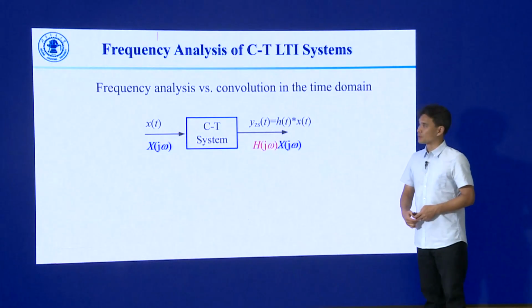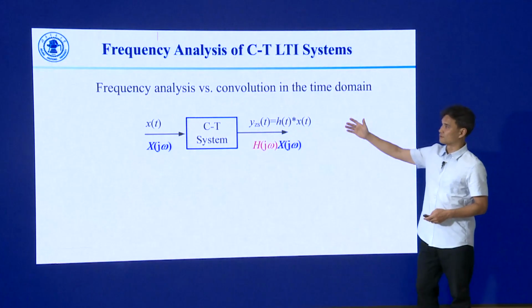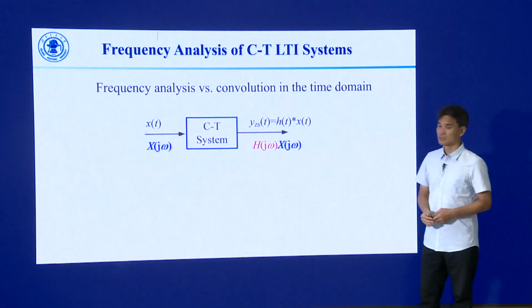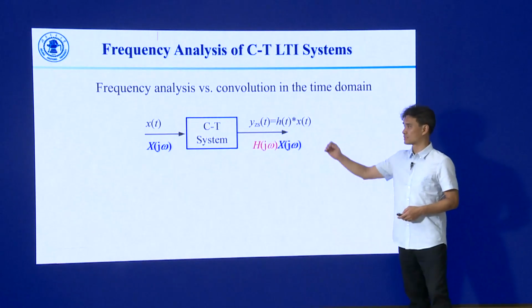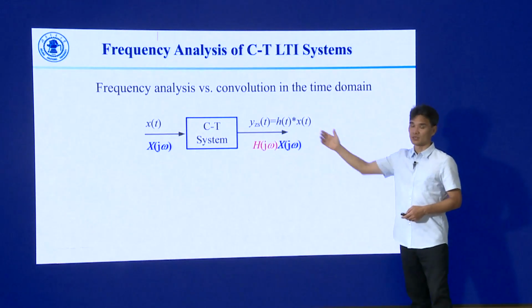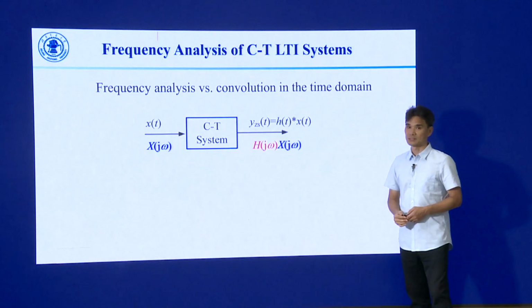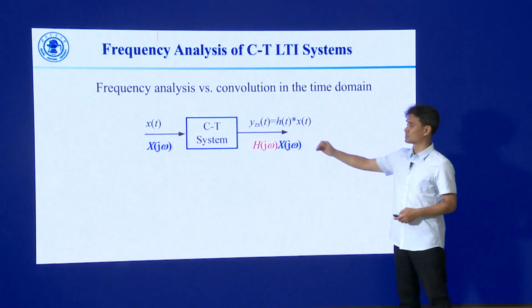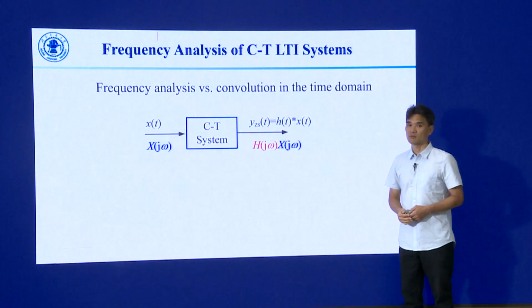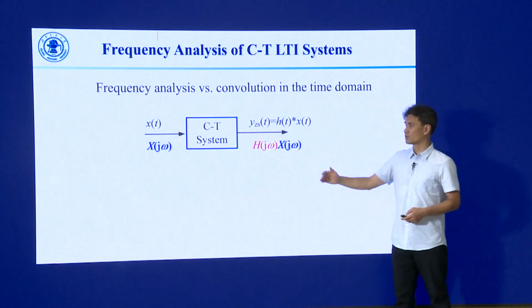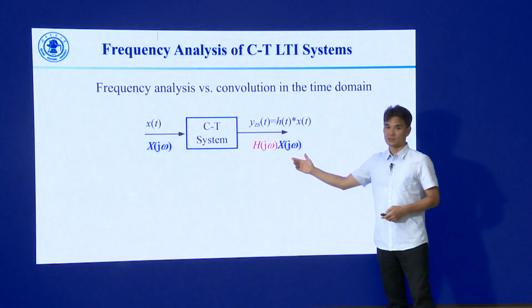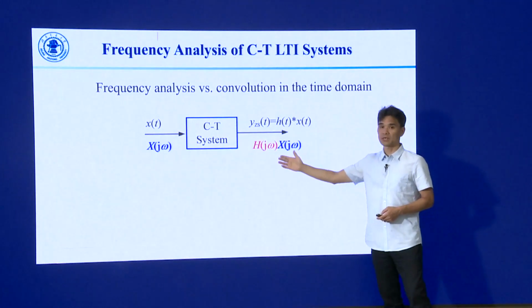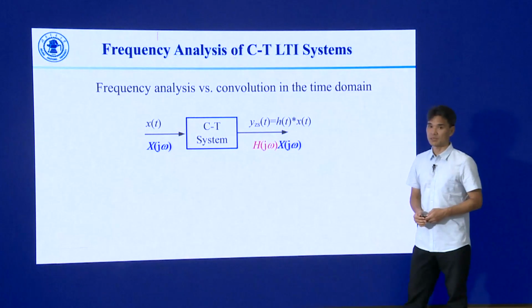There is a relationship between the frequency analysis and the time analysis. We learned in the previous chapter that the relationship between the input, the system, and the system's zero-state response can be described using convolution. Now we learned that in the frequency domain, the relationship can be represented as multiplication.